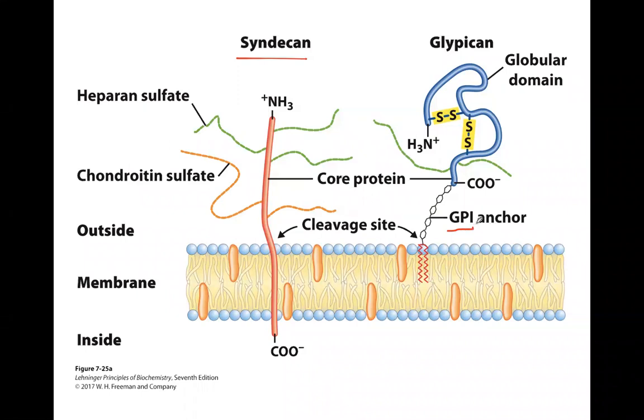We'll talk about these anchors a little more when we talk about lipids. And then there's a protein portion, which also has these glycosaminoglycans, so also long glycan chains. The role of these is that they form the main components of the extracellular matrix, right? And they also play a role in recognition of, for example, growth factors.